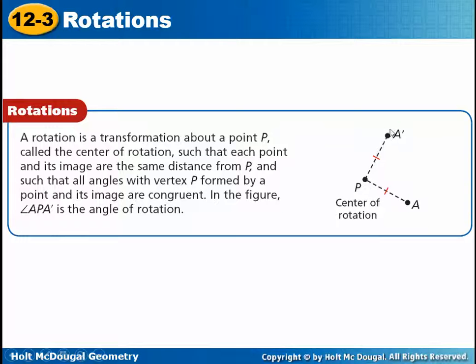And its image, A prime, is the same distance as the pre-image was from point P. So it's going to be congruent location and size if it was a figure instead of just a point. The angle of rotation is from here to here. So angle A P A prime.